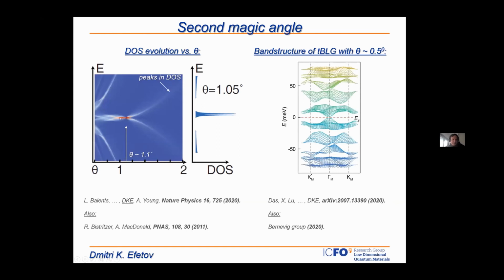But then the second magic angle is an angle which is lower than the first, where there is a second position where the bands become flat again. Typically this is on the order of 0.5 degrees. These were calculations done by Andrei and by Allan MacDonald. We have looked at the spectrum of this magic angle graphene close to the second magic angle, and you can show that this system can be described by 10 relatively flat bands.